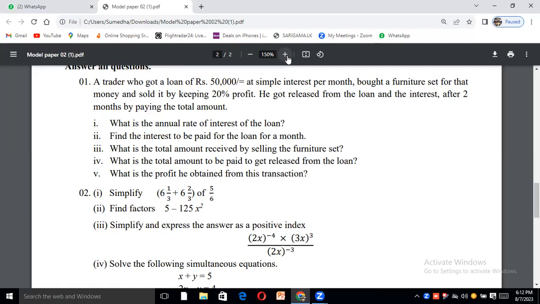Buying price of the furniture set 50,000 and sold it keeping 20% profit.